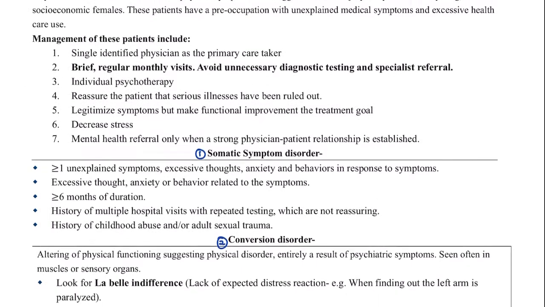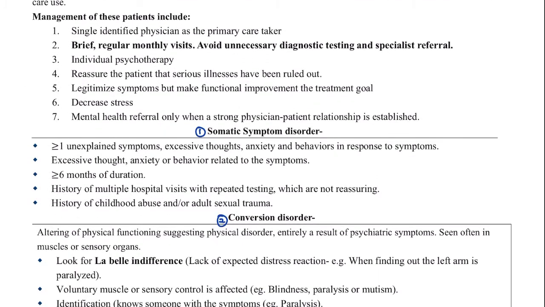Now, first we will talk about somatic symptom disorder. This is when you have one or more unexplained symptoms with excess thoughts, anxiety, and behaviors in response to the symptoms, of at least 6 months duration.